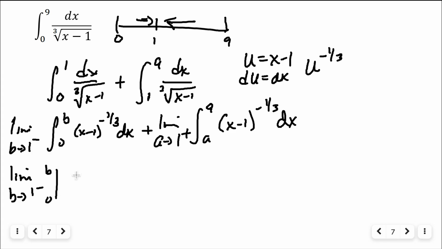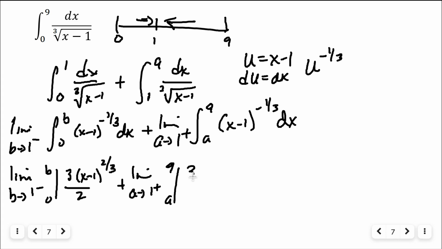It's going to be u, or x minus 1, to the 2/3 times 3/2. And then the other integral, a going to 1 from the right, is going to be straight line from a to 9, 3 times x minus 1 to the 2/3 over 2.